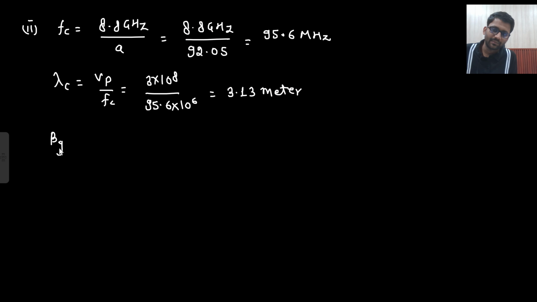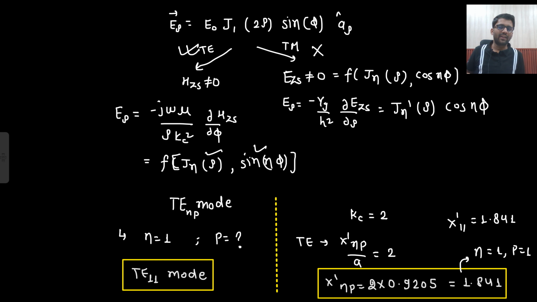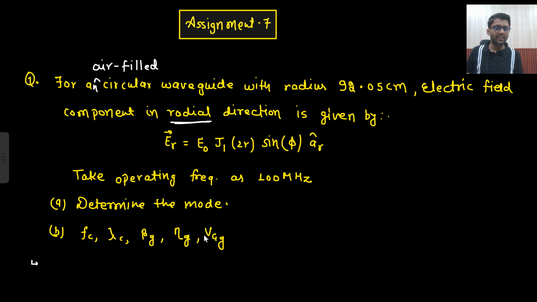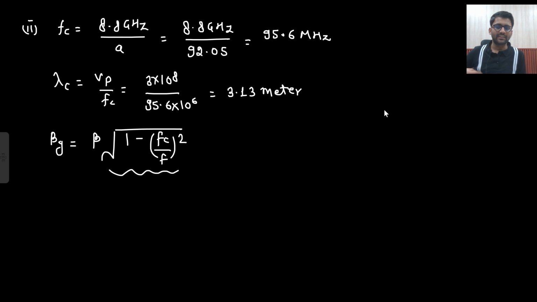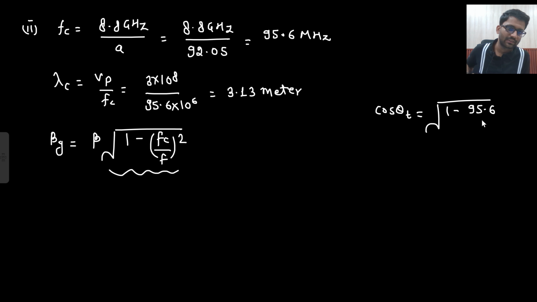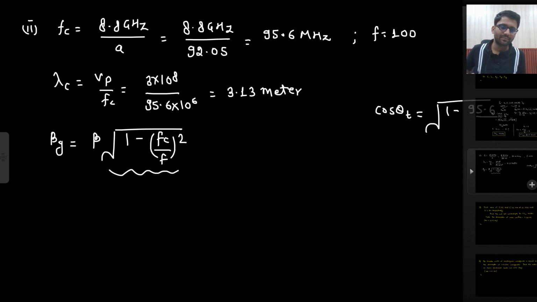Next I need to find beta g. So beta g is beta under root. Certainly I need this factor, no? This factor I will be needing in beta g, eta g, Vg as well. So let's calculate this factor, which is cos theta T. So your cos theta T is under root 1 minus Fc is 95.6, and what is your F? F is given in the question only.